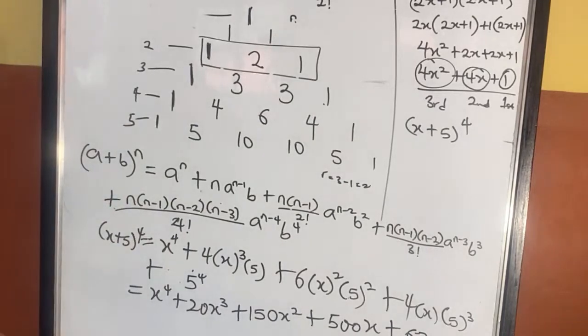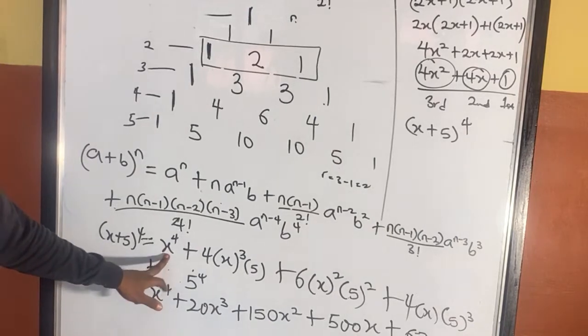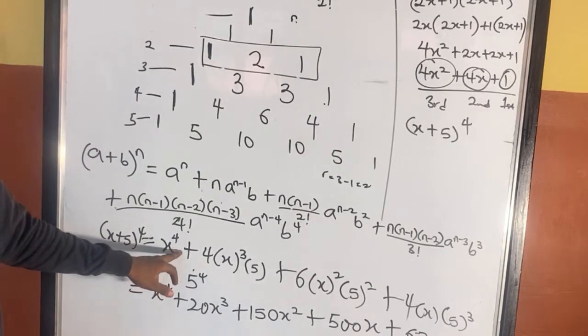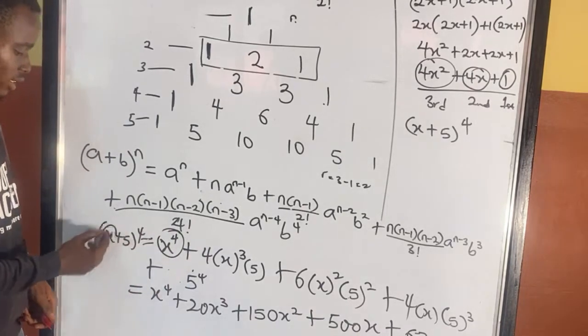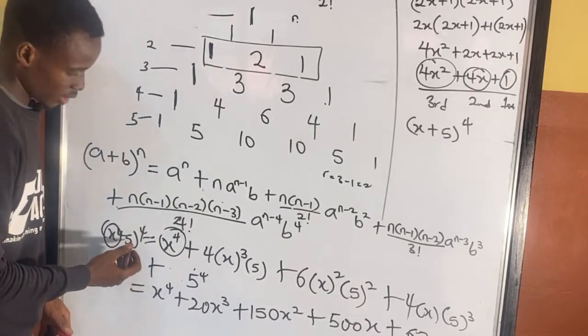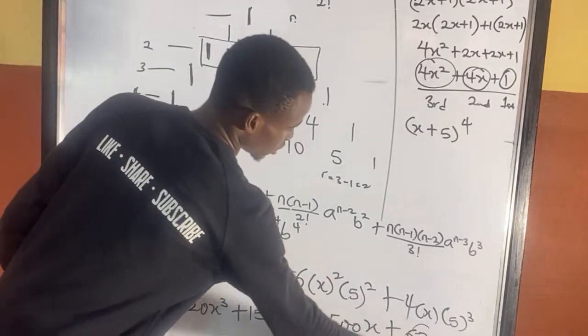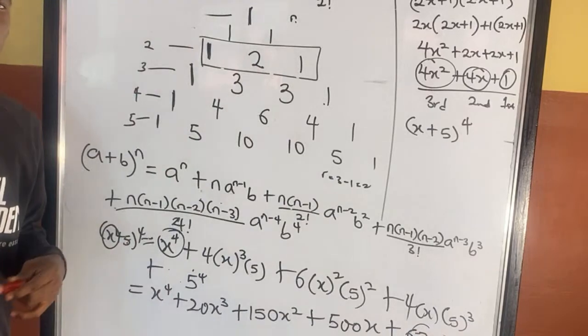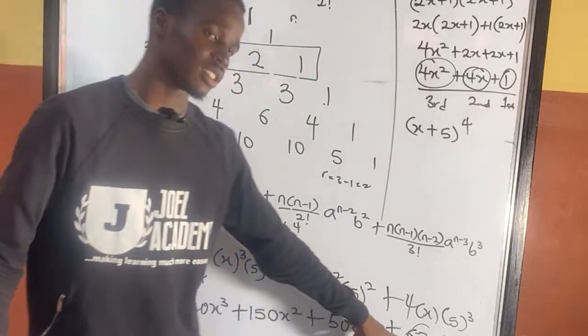So what do you notice? As a mathematician, you should be able to note a lot of things. You find out that the first one is just in terms of x. And the last one is in terms of b, right? It means if they ask you to find the independent value of x, is there x in this thing?